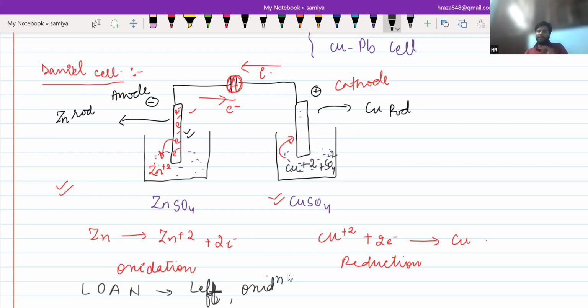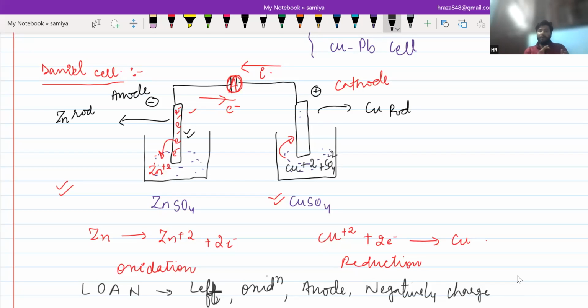That means whatever is on the left hand side, there will be oxidation, and on the left hand side there will be the anode, and the anode will be negatively charged. Are you getting my point? This LONE is a trick to remember the Daniel cell. On the left hand side, oxidation takes place. It is the anode. The electrode is negative.